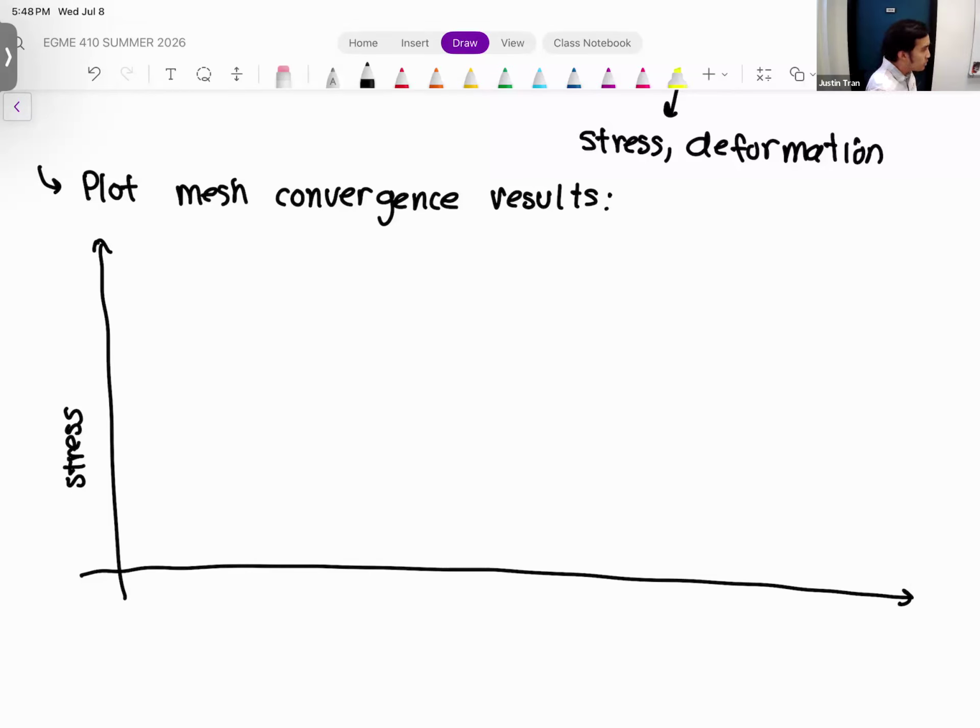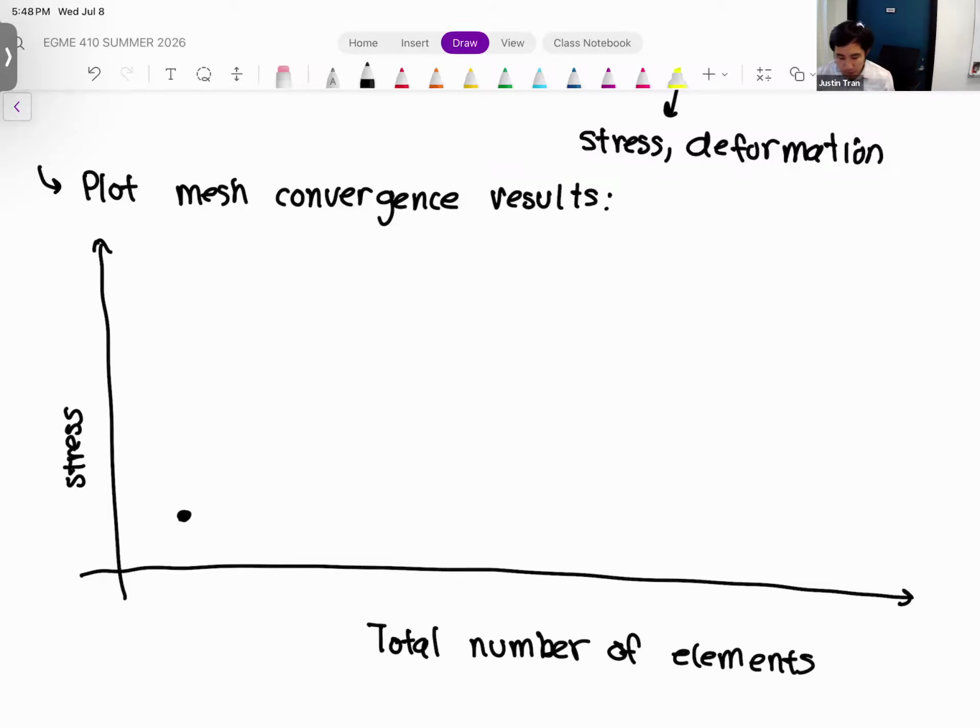The way I typically like to do it is to record the total number of elements in the mesh. For each of the simulations that you ran, you're going to record a data point. Let's say your initial mesh has a relatively low number of elements. That will be your first data point.